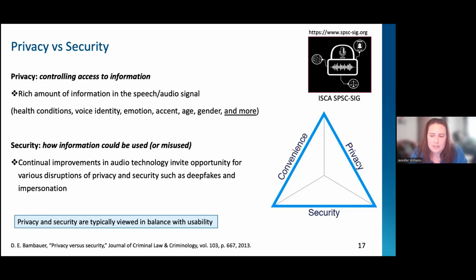So I like to present this privacy, security, convenience paradigm because what we want is to have privacy, security, and convenience balanced, for example, as an equilateral triangle. We want to have those as balanced as possible without interfering with the technology's usability and convenience.